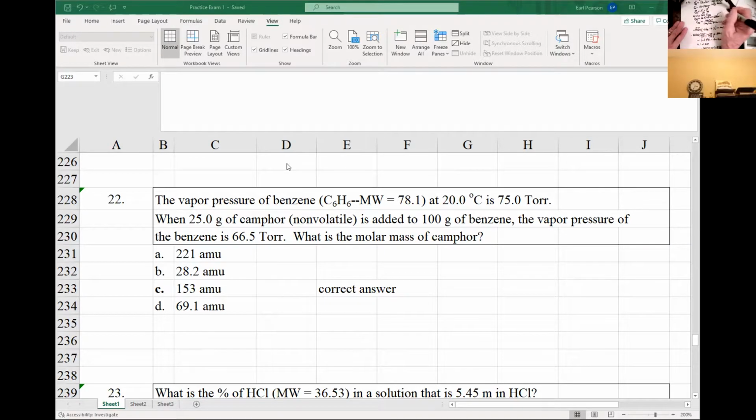Okay, so I think that's good. Now, that's equal to the number of moles of benzene, which is 100 divided by 78.1. So let's do 100 divided by 78.1.